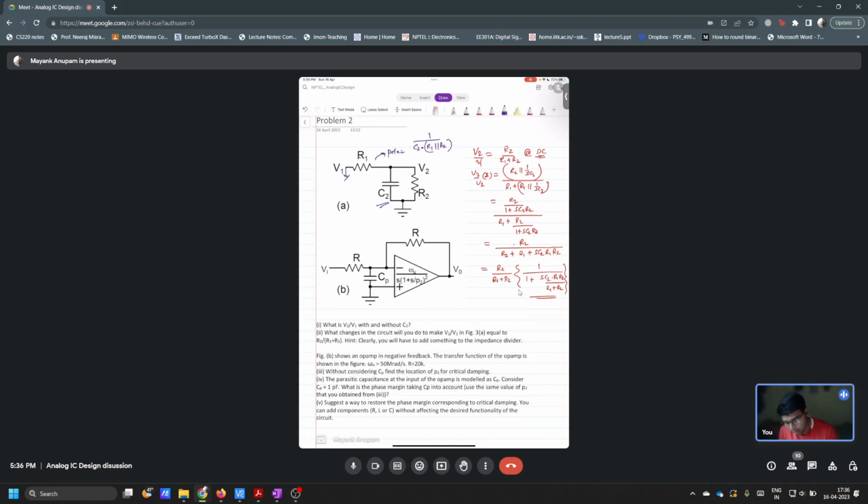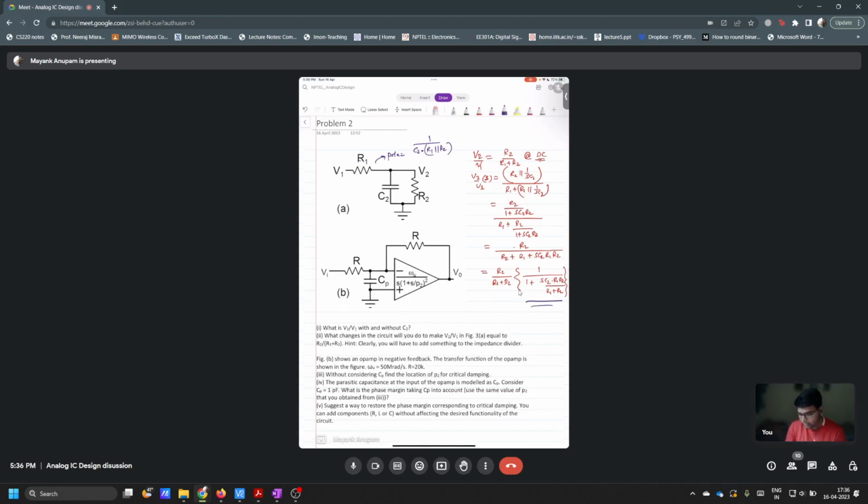Now, could you directly say that there is a pole in the system without even solving it? What is the intuition behind that? There is at least one storage element, like an independent state variable. The other thing is that you see there is a frequency dependence in the response.